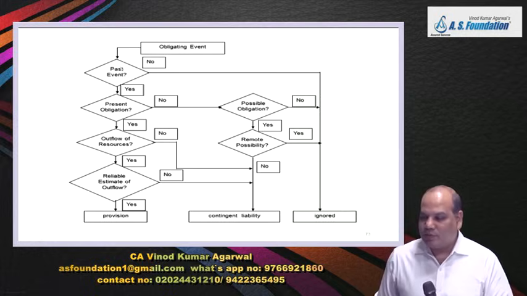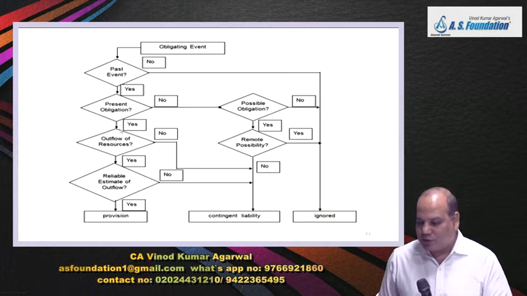This chapter is applicable only for past events, not for future events. If yes, then ask this question: present obligation? No. Possible obligation? That also no: ignore. But if the possible obligation is yes, is the outflow a remote possibility? Yes: ignore. Outflow remote possibility is no, then contingent liability.